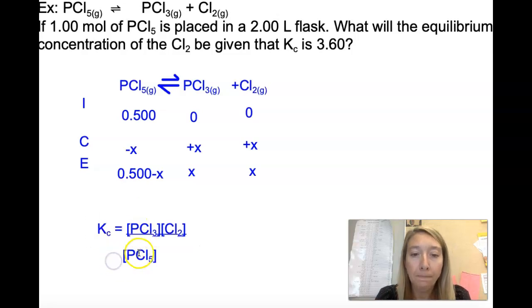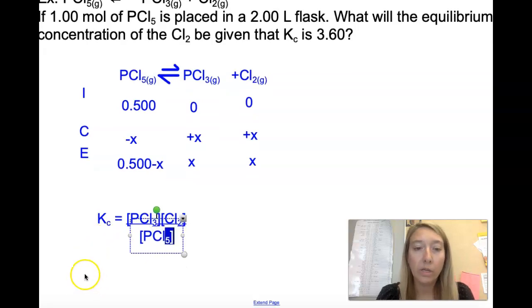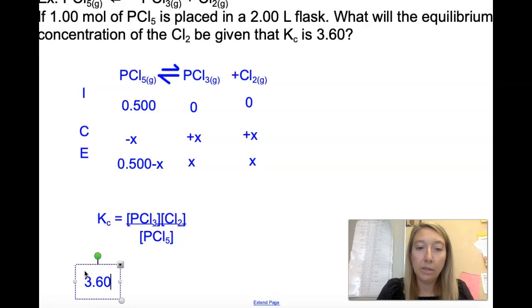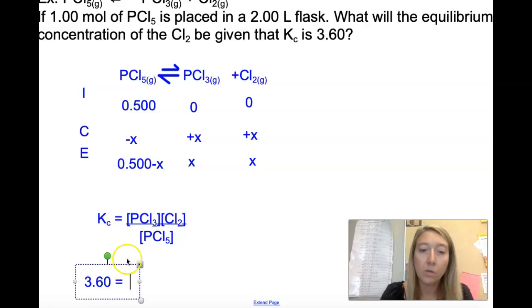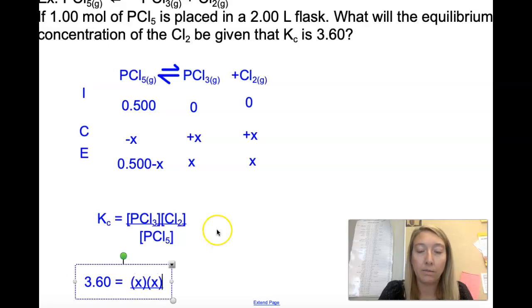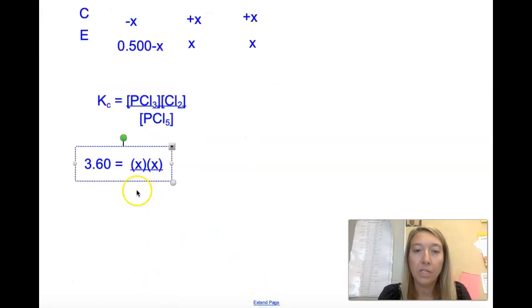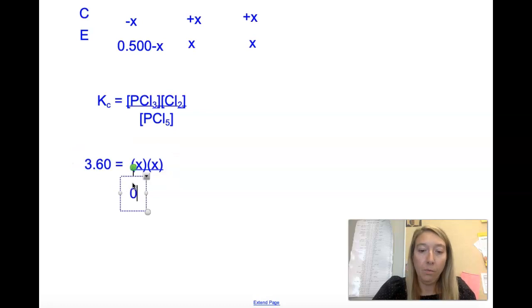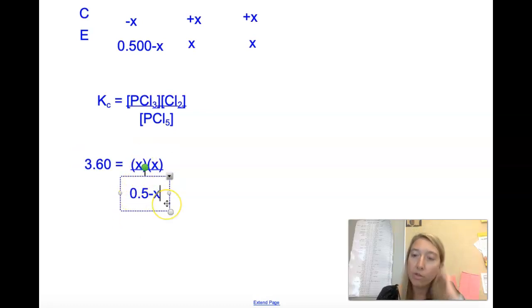Next, we're going to plug some numbers and x's into this. We were given the Kc as 3.60. This is going to be equal to x times x, divided by 0.5 minus x. I'm going to lose those zeros for now so that there's less written in there, but they are still technically there.